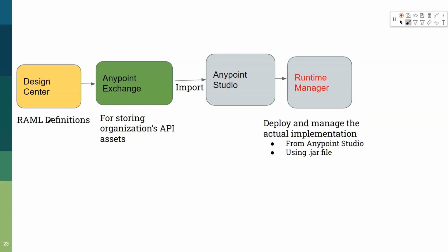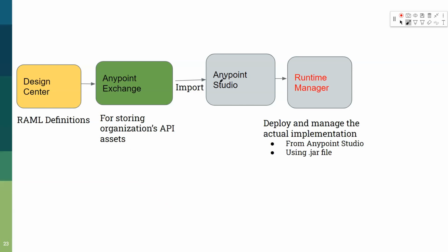Anyway, you create your specification, your contract, here in Design Center. From Design Center, I hope you are visualizing this, we push it to Exchange so that it becomes discoverable for people in your organization and also outside the organization if you want to make it public.